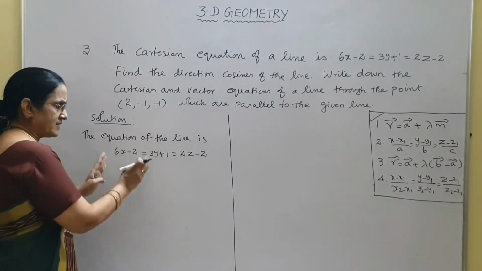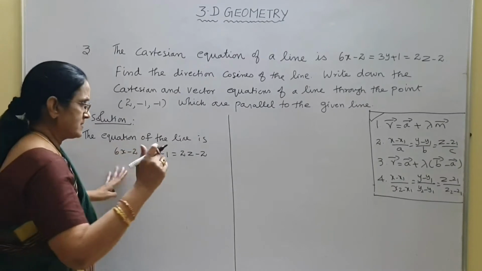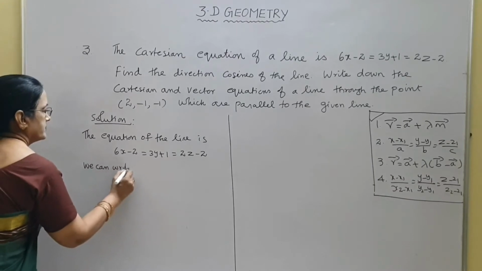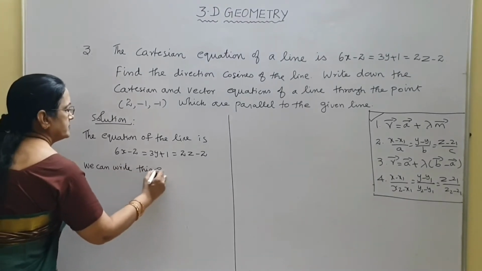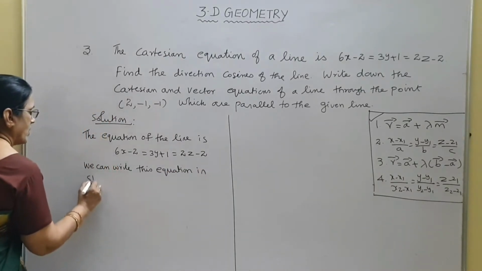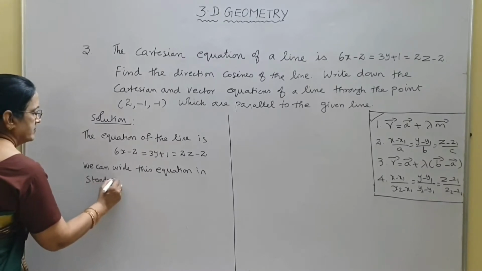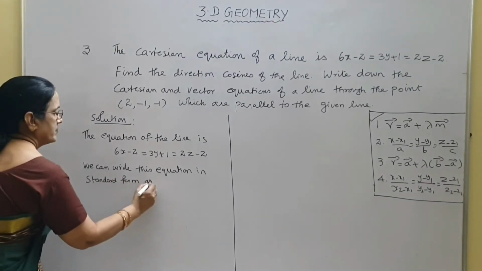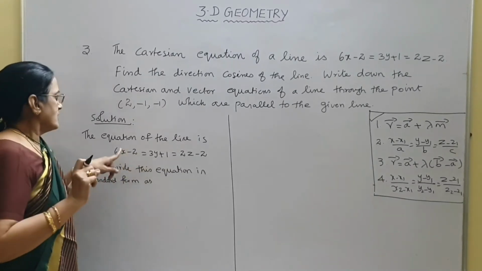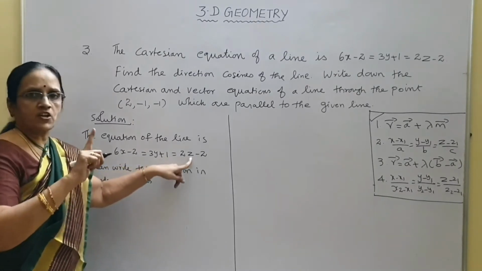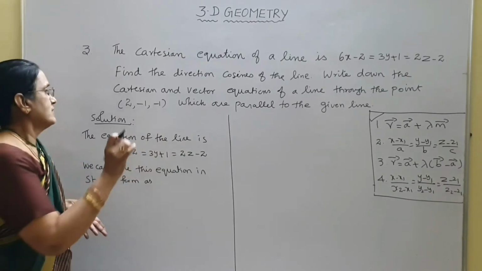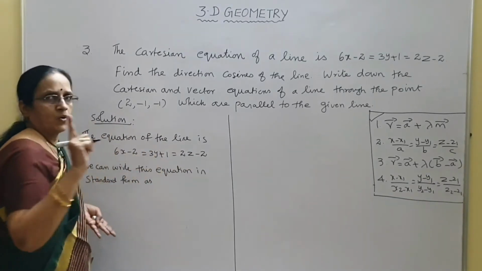So, we can write this equation in standard form as follows. See, why am I saying it is not in standard form? Because the coefficients of x, y and z are not 1 over here. So our job is to make the coefficients of x, y and z 1.